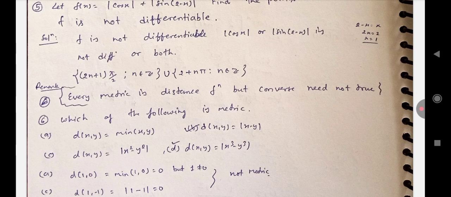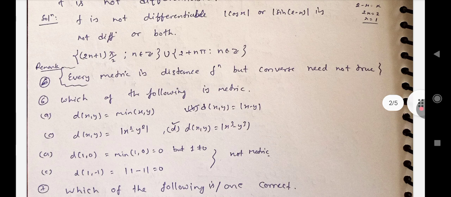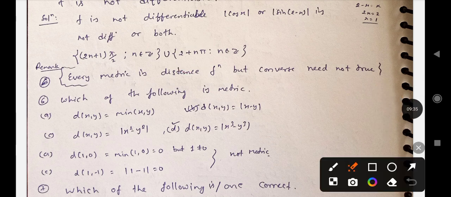But here the minus or plus doesn't matter because n belongs to Z. If we write the minus sign, it becomes 2 minus n pi, n belongs to Z, so that is fine. 2 minus n pi or 2 plus n pi, both are the same in this case. So this is the set where f is not differentiable.